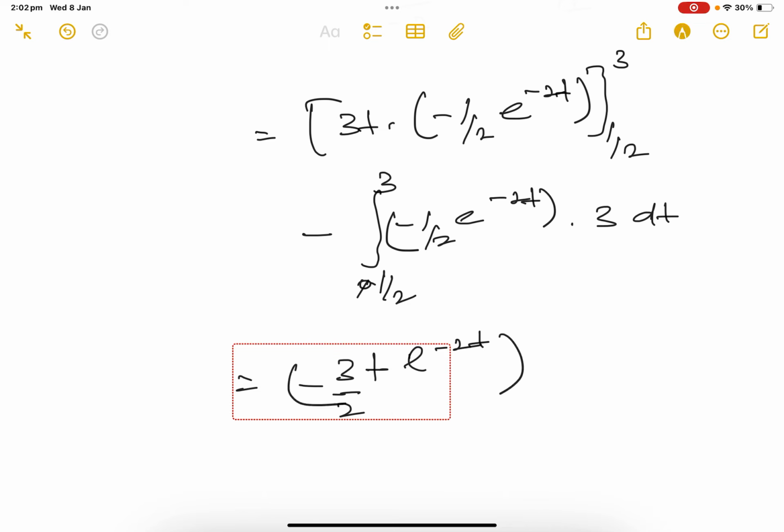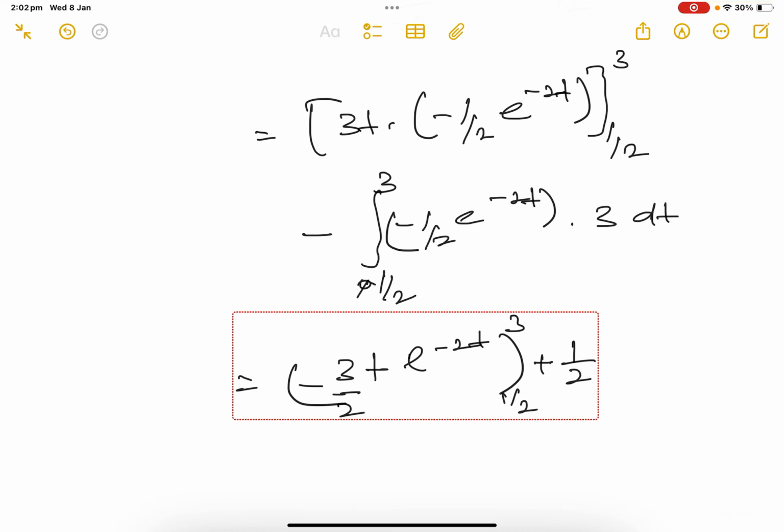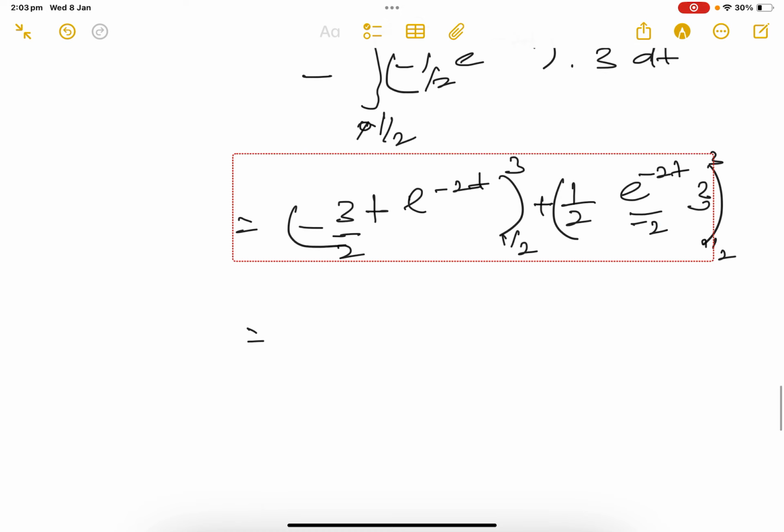Then, here's a minus there, so plus, we'll take plus out, half, and the integration of e to the minus 2t is e to the minus 2t over minus 2, times 3 there too, with the limits half to 3.